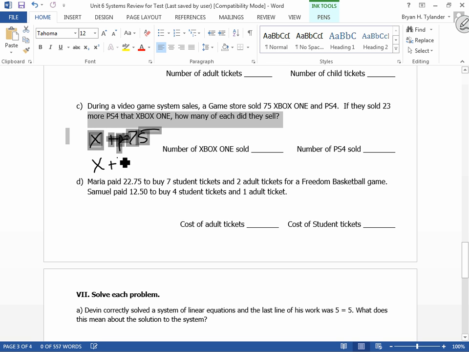Hopefully it's taken care of. X plus 23 equals P. I think we're okay now. And so we said that if we use substitution, we get X plus X plus 23 equals 75, or 2X plus 23 equals 75. If you solve that, you get 26 Xboxes and 49 PS4s.